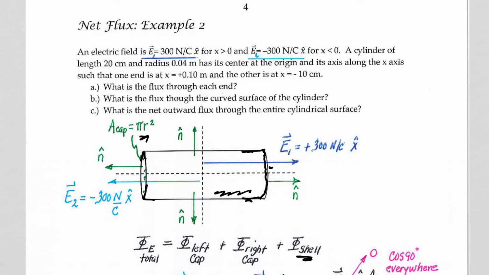Now, the n-hat vectors, as we said, are critical to calculating the flux, so let's talk about the n-hat vectors. Well, the two n-hats that go with the end caps are pretty straightforward. By convention, the n-hat vectors point outward from a closed surface, not inward. So that's why the n-hat goes out from the surface. We have an n-hat out from the bottom, the right side end cap.